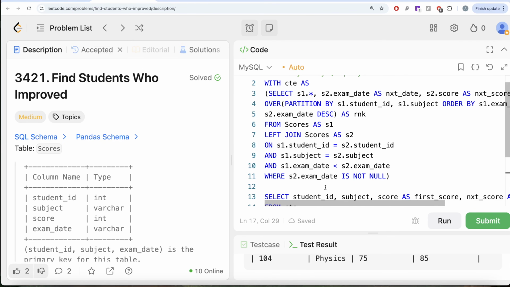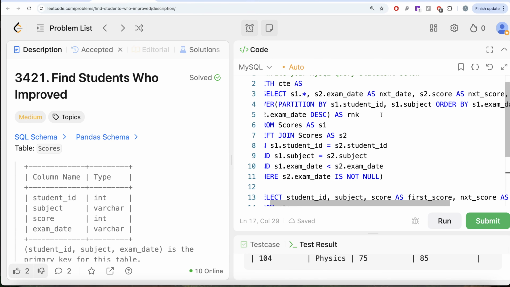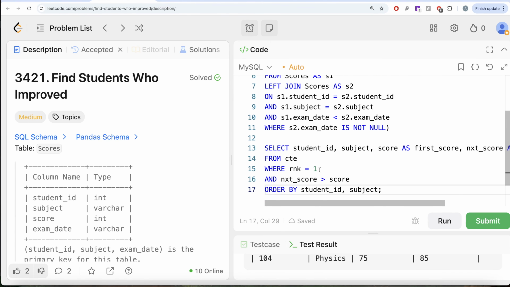That is why we filtered those rows out, and then we ranked so that the first date of exam and the latest date of exam get rank 1, and that is what we filtered next, and also compared that your next or final score should be greater than your first score, and we return all the desired columns. So yeah, this is how we do it.